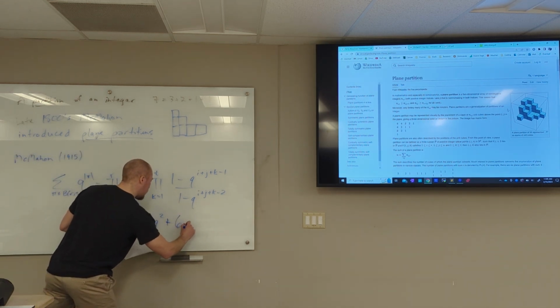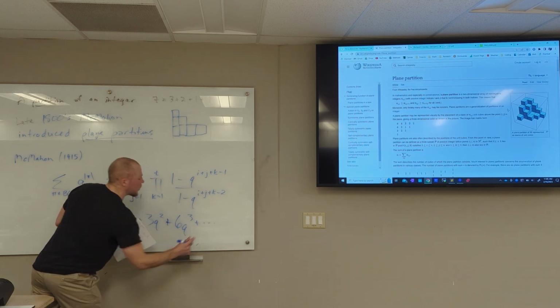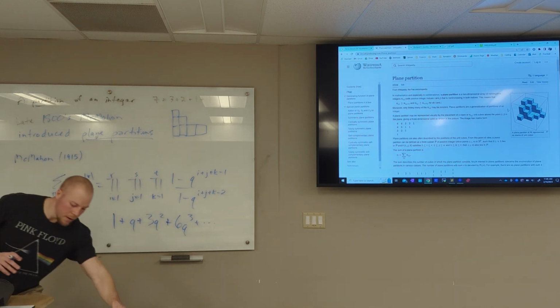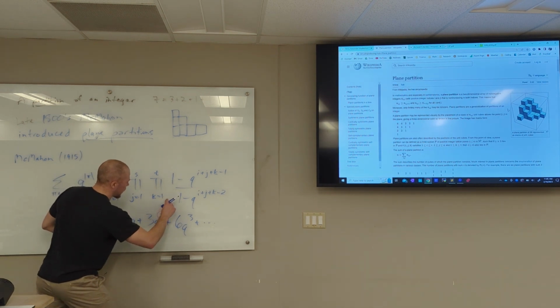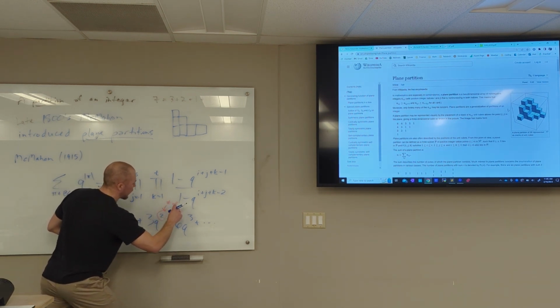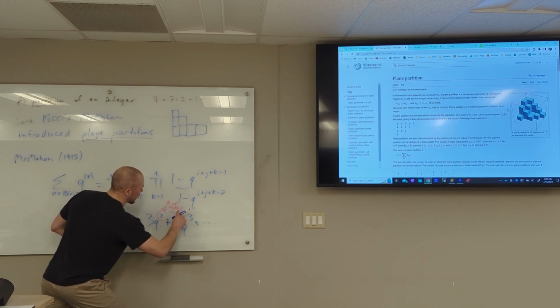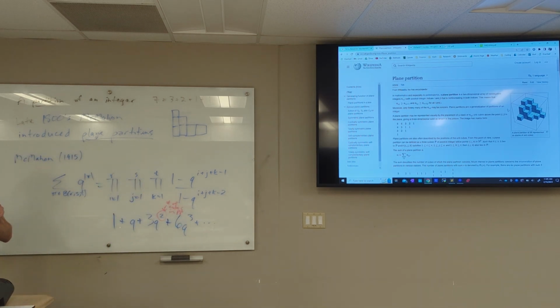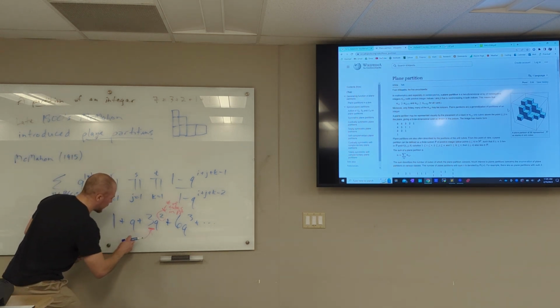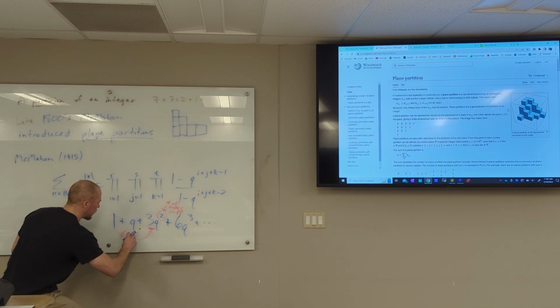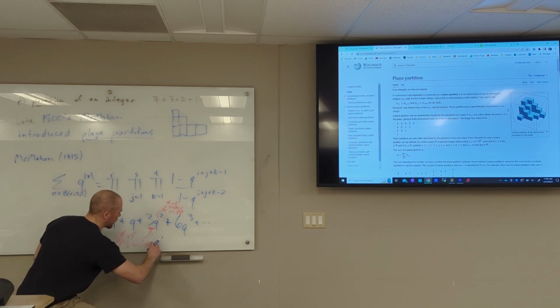And so we get something like this, where the exponent is referring to the number of cubes in the plane partition. And the coefficient is the number of plane partitions with that number of cubes.